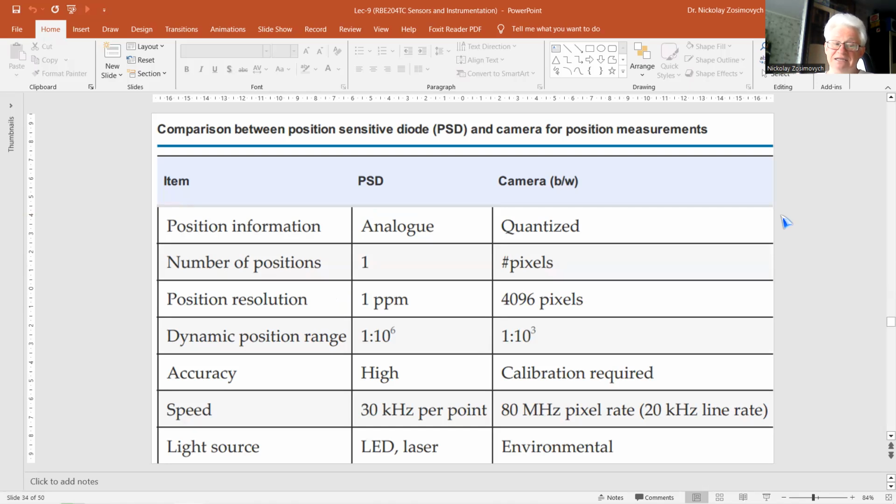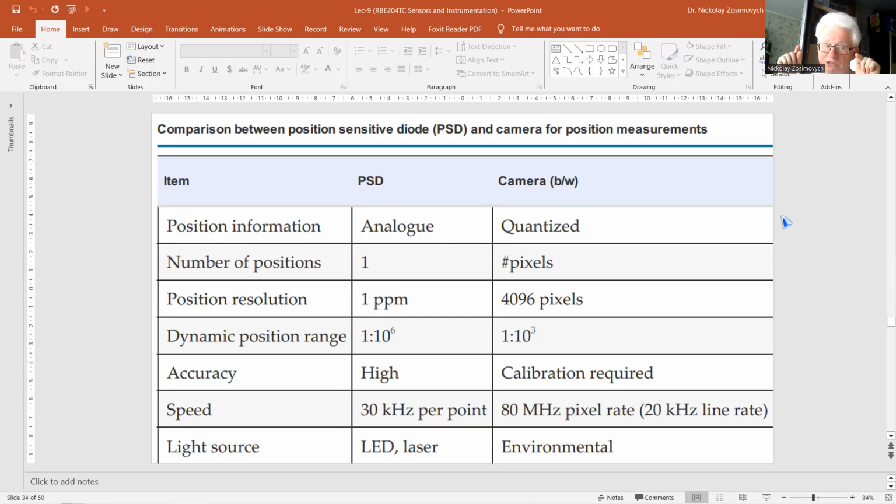While designing a displacement sensing system, often a trade-off has to be made between a one-dimensional or two-dimensional PSD and a line or matrix camera. This table presents some basic differences between these two devices, which could be helpful in making a proper choice.